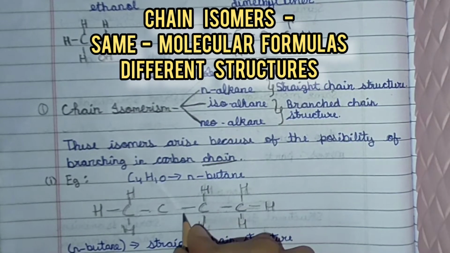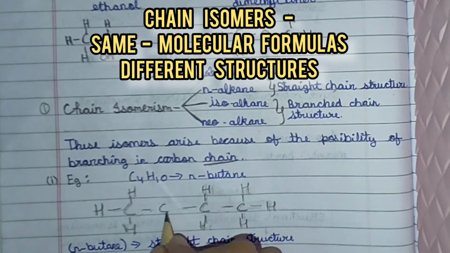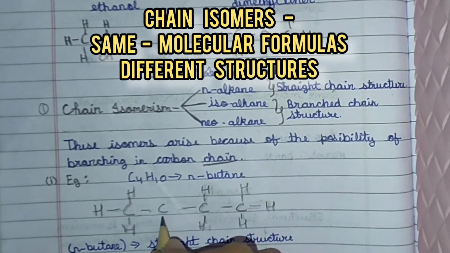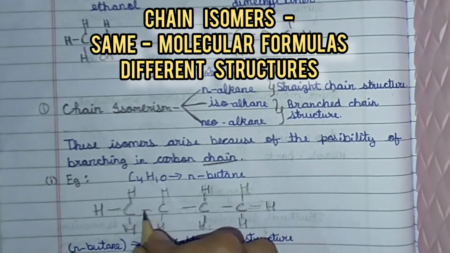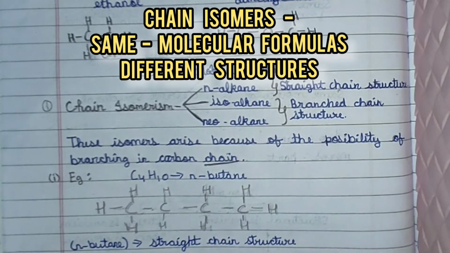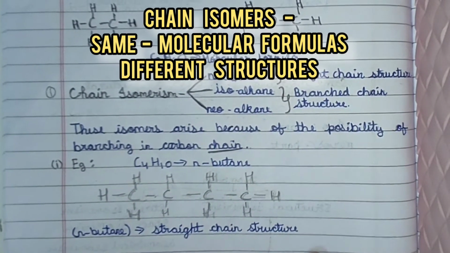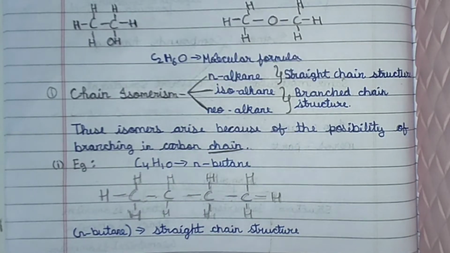So 1, 2, 3, 4. Same thing we will do with this one. So this carbon atom has one bond here and one bond here, so 2 more. So 1, 2, 3, 4. This is how we do it. So this is N-Butane, that is straight chain structure. This is how we form the structure of N-Butane.